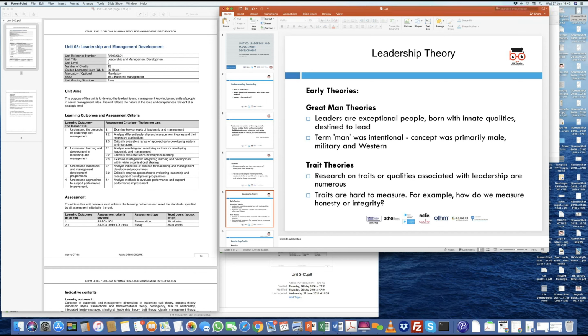Now, trait theories basically talk about how a lot of people did research on understanding what are the various qualities or traits which are required to be exhibited by an individual to get into a leadership position. And that's what I discussed briefly earlier, or alluded to briefly earlier. These were then categorized under something called trait theories.